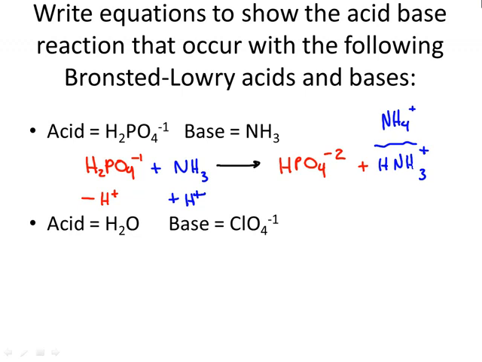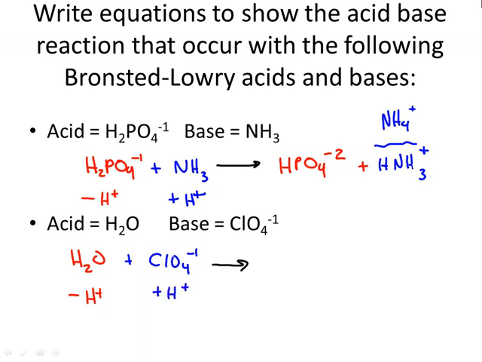All right, let's look at our acid. This time it is water. Remember, we're going to subtract an H plus from there, and our base is ClO4 minus 1. And for my base, I'm adding an H plus.